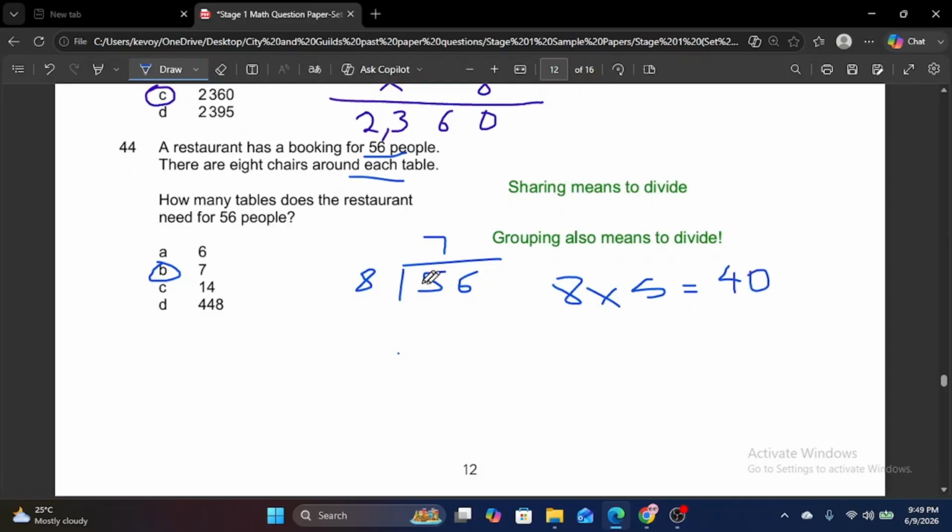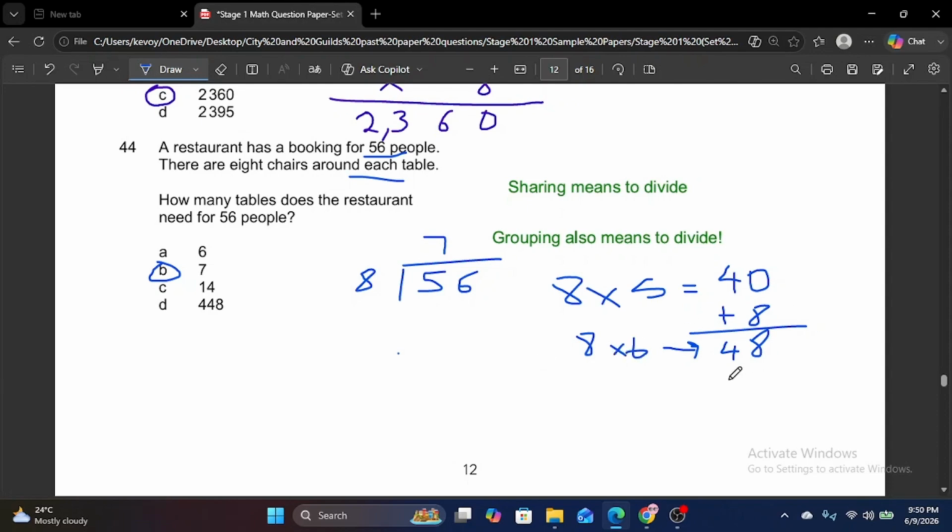So what you could do is keep adding 8 to that in order to get your answer. If you added 8 to this, you would have 48, which would be 8 times 6.